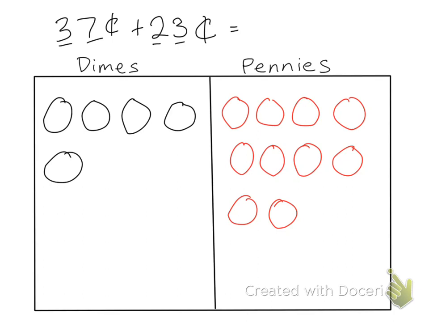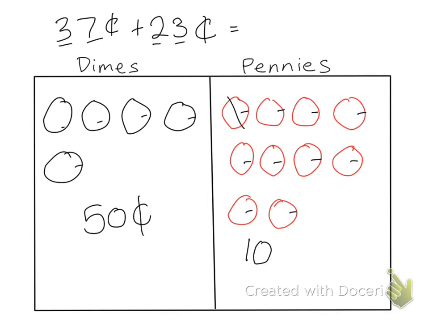If we look, of dimes, I have 10, 20, 30, 40, 50. So I have 50 cents in dimes. And then in pennies, I have 1, 2, 3, 4, 5, 6, 7, 8, 9, 10. So I have 10 pennies. I can trade these 10 pennies for a dime.